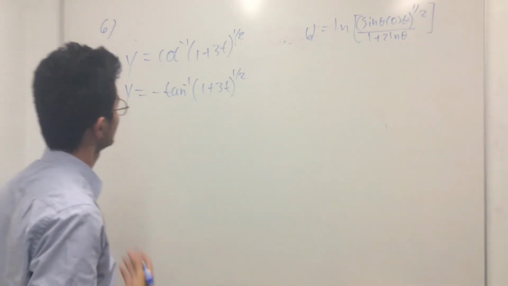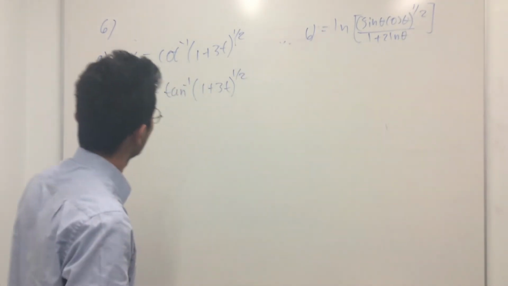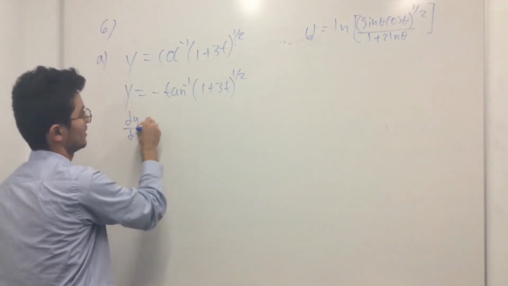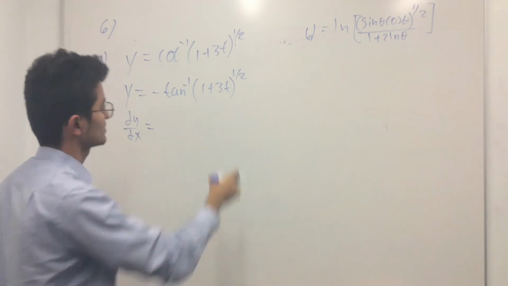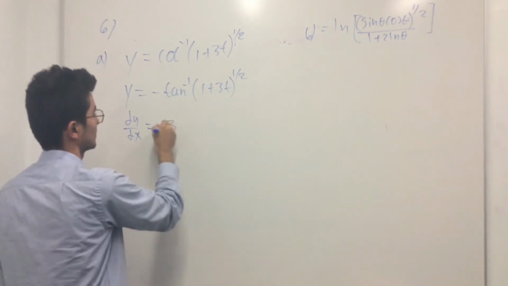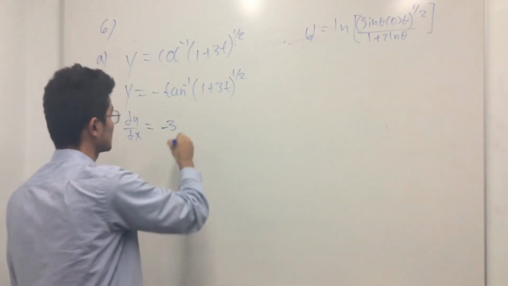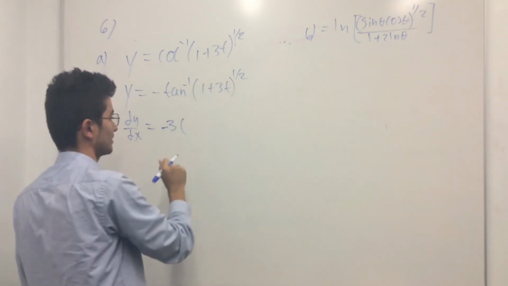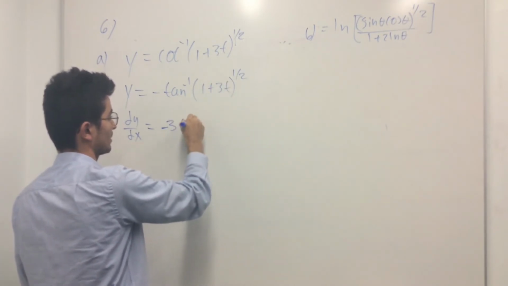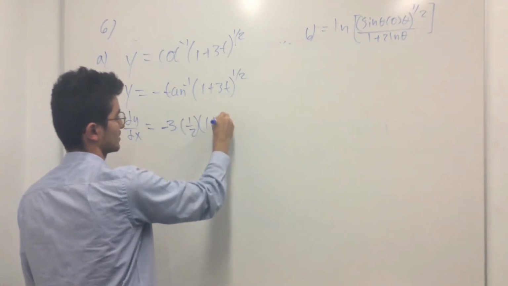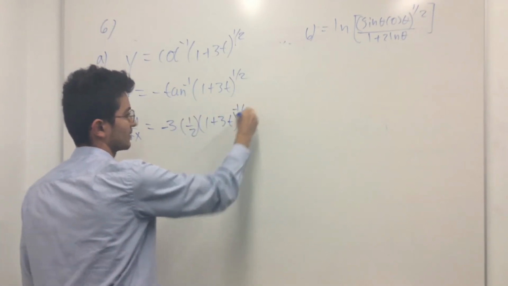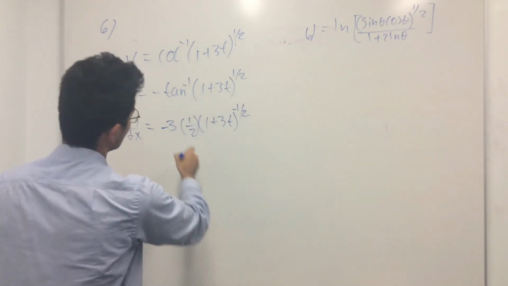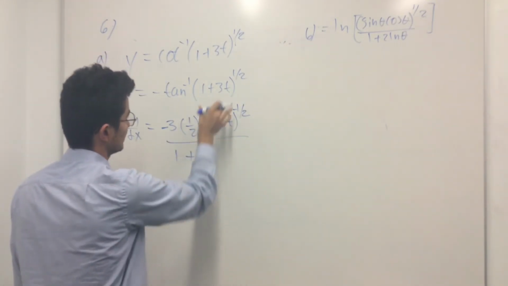We know that the derivative of tangent inverse is 1 over 1 plus x squared, so dy over dx is going to be the derivative of the inside, that's negative 3, multiplied by the derivative of the outside here. So that's going to be 1/2 times (1 plus 3t) to the power of negative 1/2. And we have to take the derivative of the outside again, so it's a double chain rule, so that's 1 plus the inside squared.